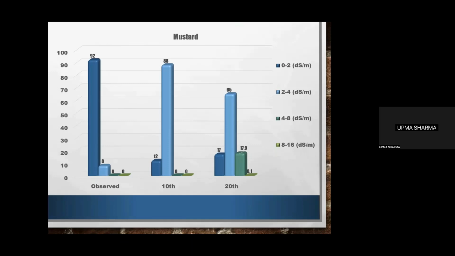Although it is decreasing, the values are not very good. 65% of the area in low salinity is quite high, you have to work on this, because simultaneously the area which is 92% non-saline today is also decreasing.